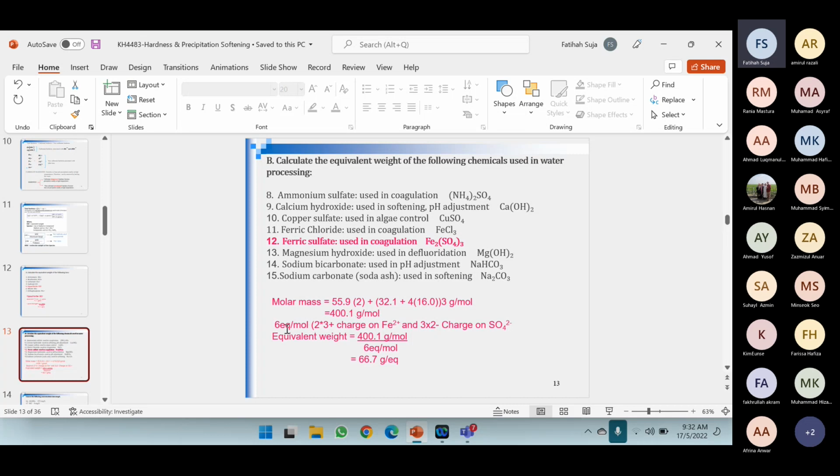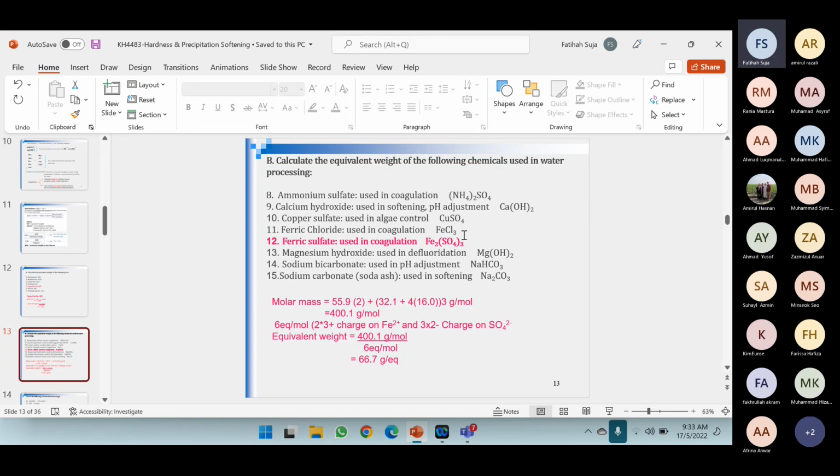So 6 equivalent, what is the equivalent mole? You know that SO4 2 minus, you have to multiply, because sometimes ferric, you have ferrum 2, you have ferrum 3, so it's a bit difficult for you to know the charge. So maybe SO4 2 minus is something that is very familiar.